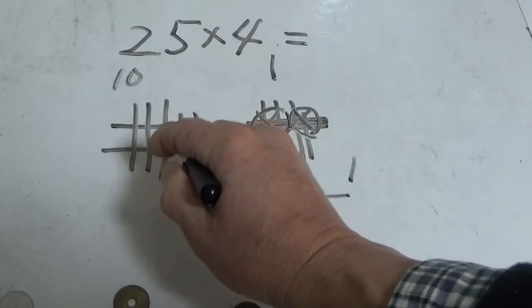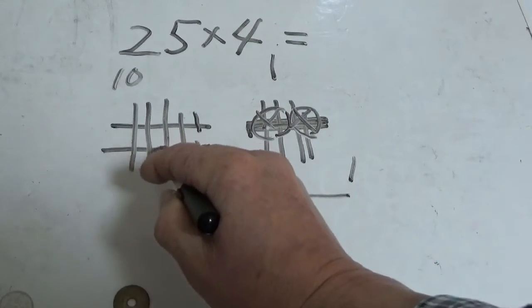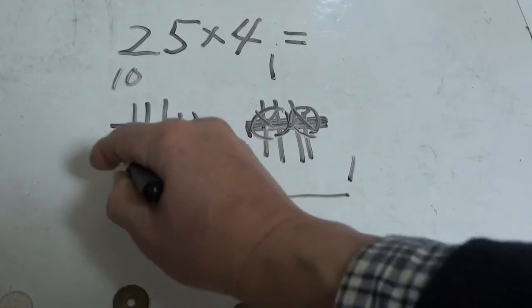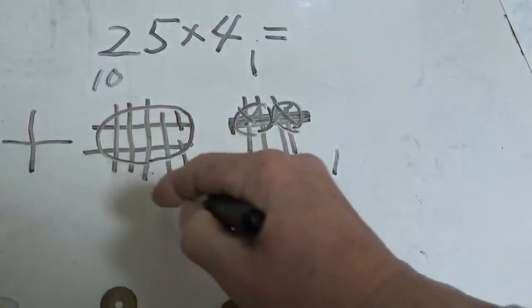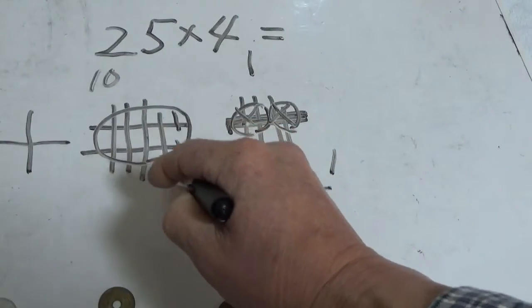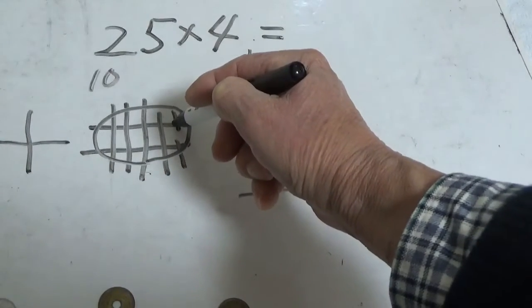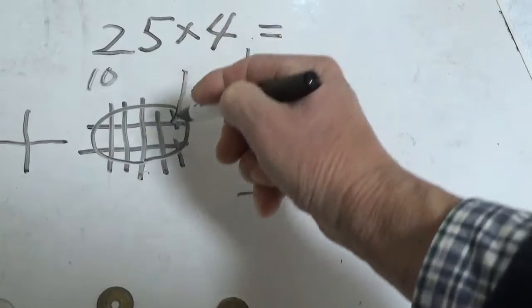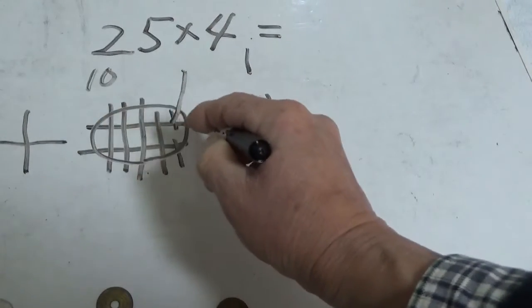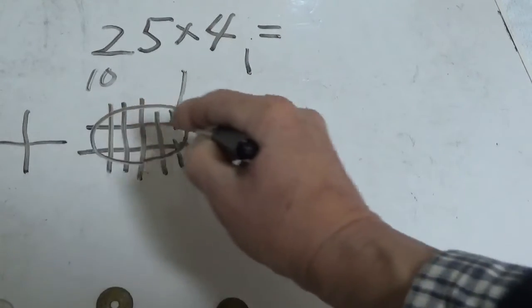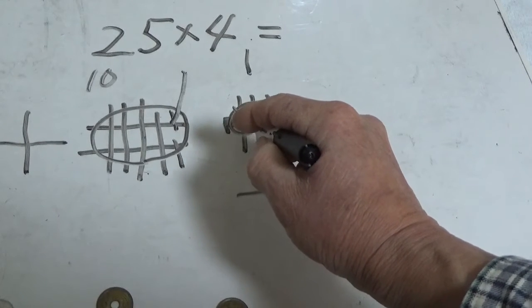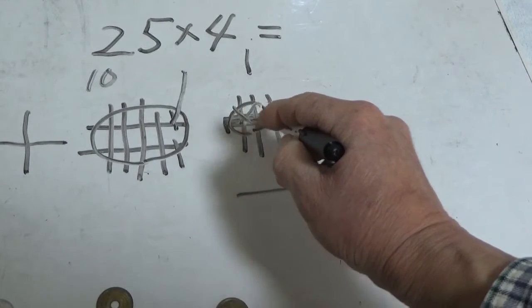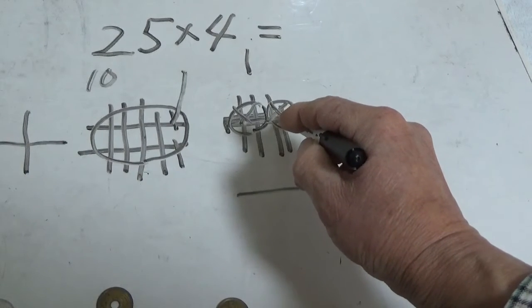And 1, 2, 3, 4, 5. 2 times 5 is 10, so this 1 point here is, this single line is 10 lines of the one order lower.